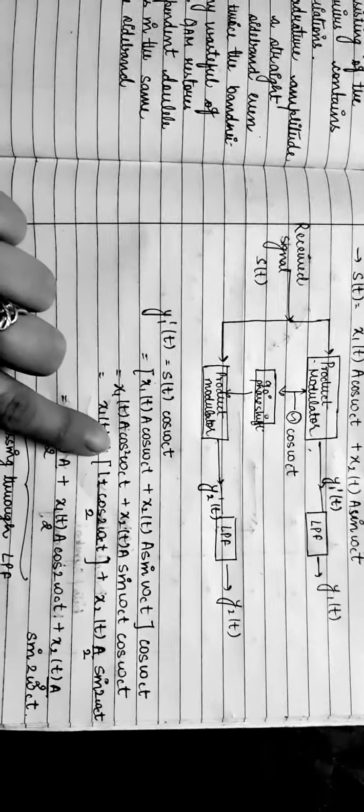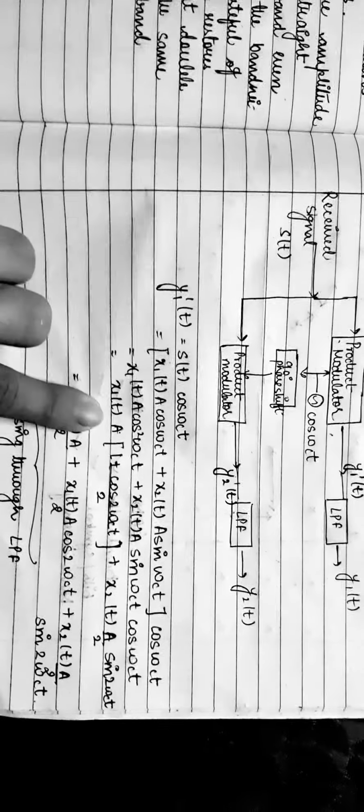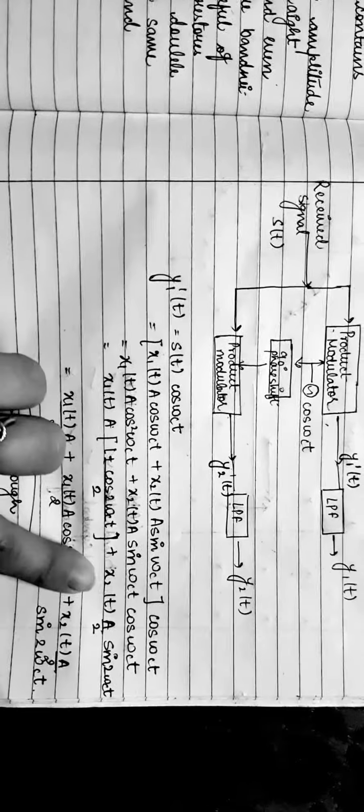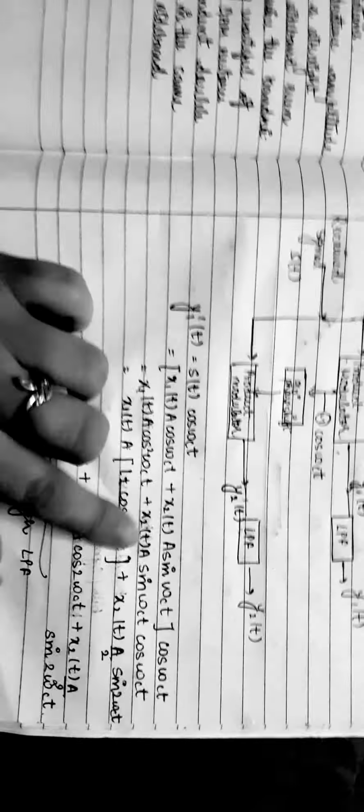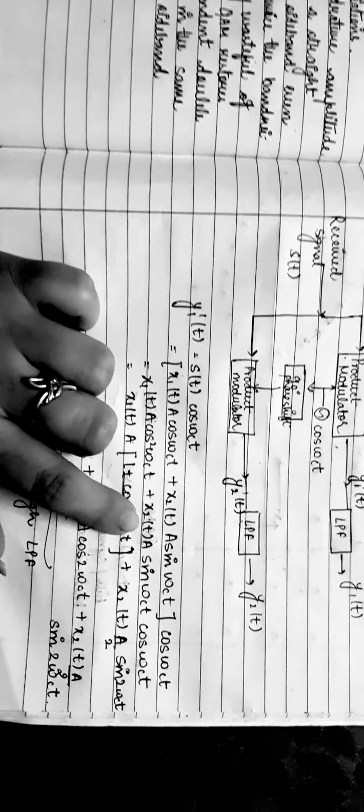Using the trigonometric identity, cos square omega ct is (1 plus cos 2 omega ct) by 2. So we get x1(t) A (1 plus cos 2 omega ct) by 2 plus x2(t) A by 2 sin 2 omega ct, since we multiply the second term by 2 and divide by 2.